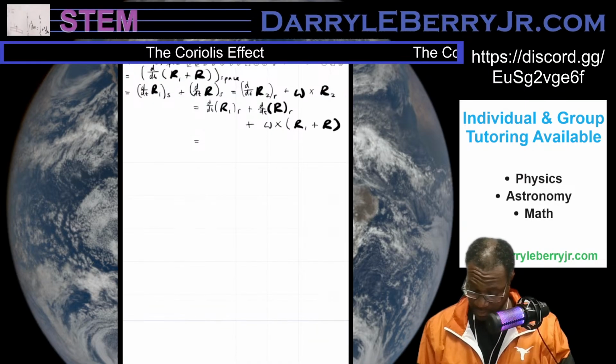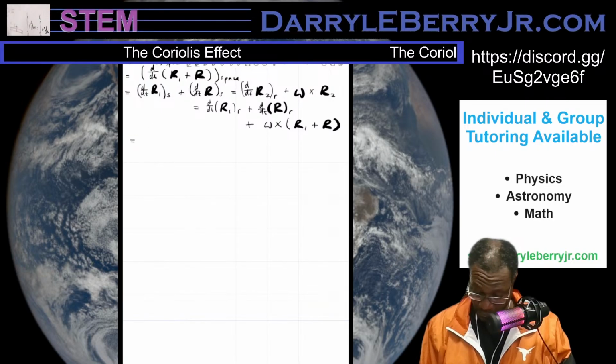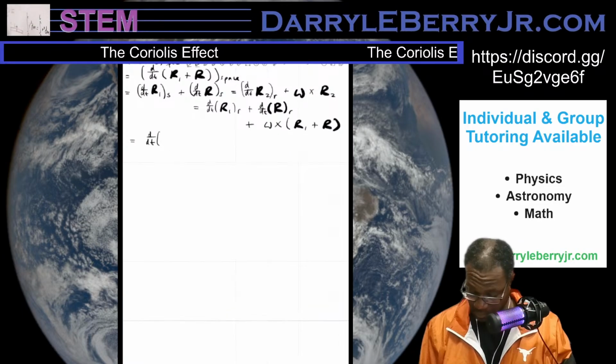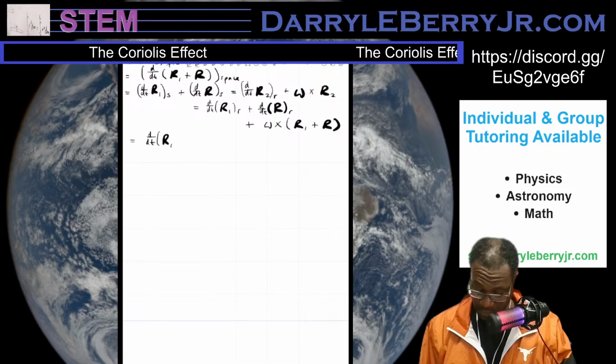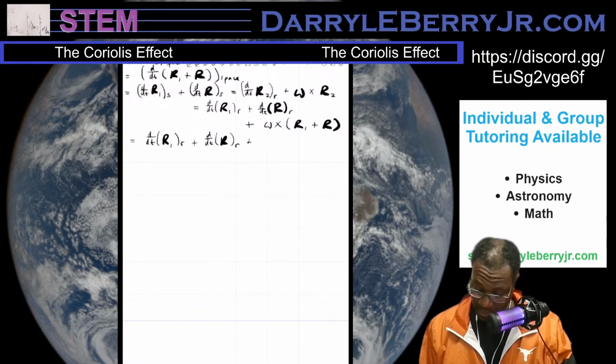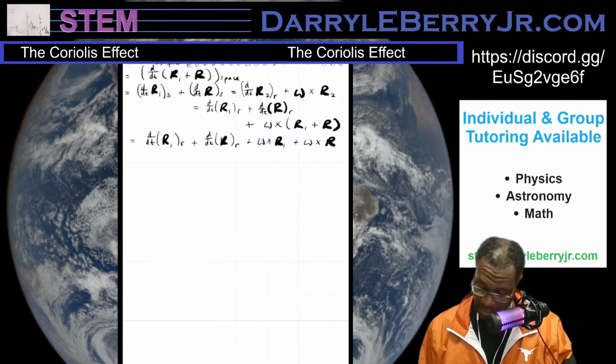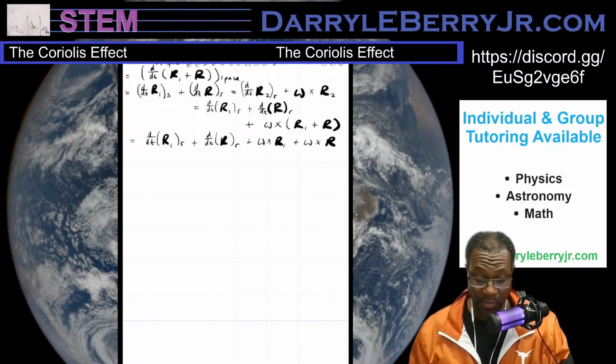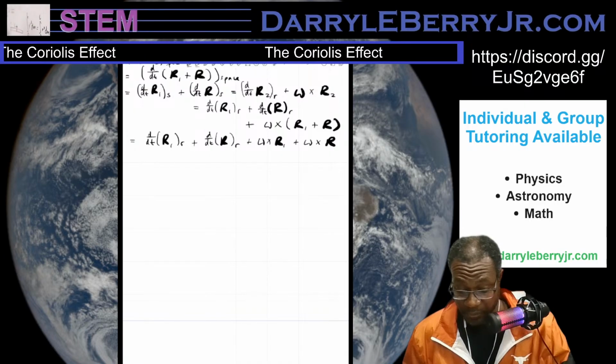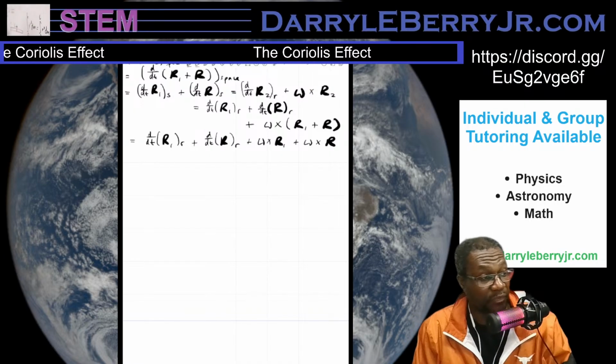This equals, I'm going to write this all out, d/dt of R1 plus d/dt of R plus omega cross R1 plus omega cross R. The derivative of R relative to any rigid body axes must vanish.